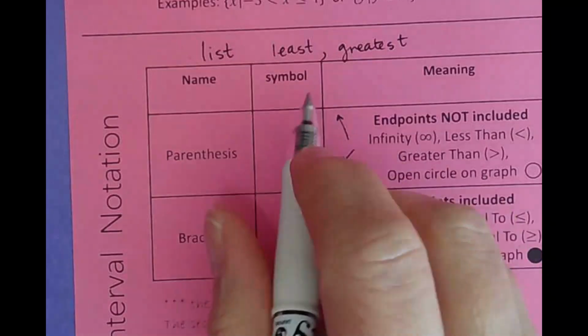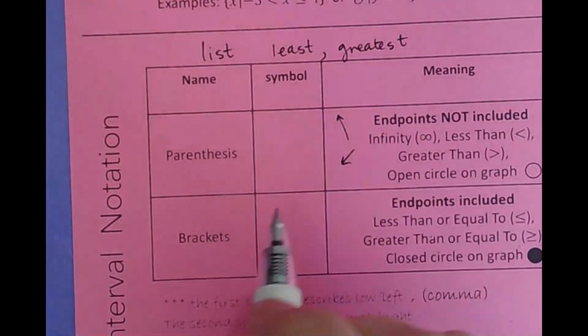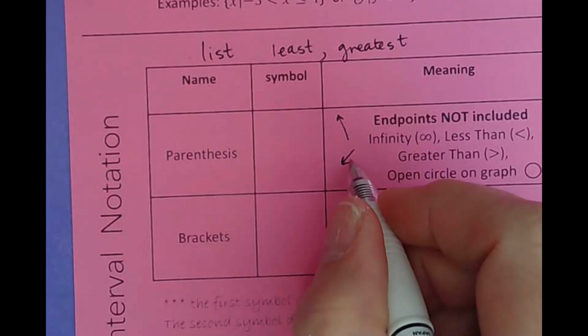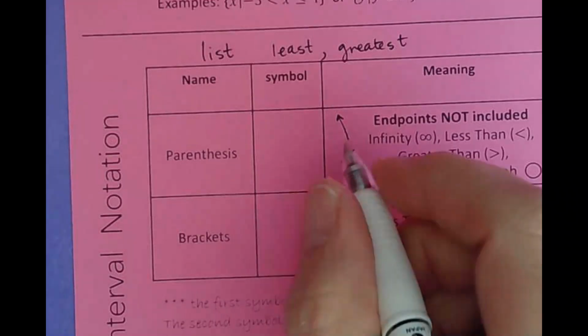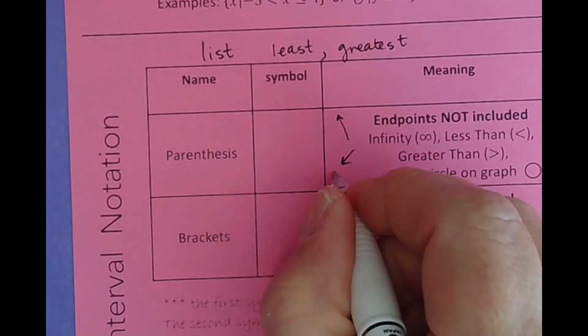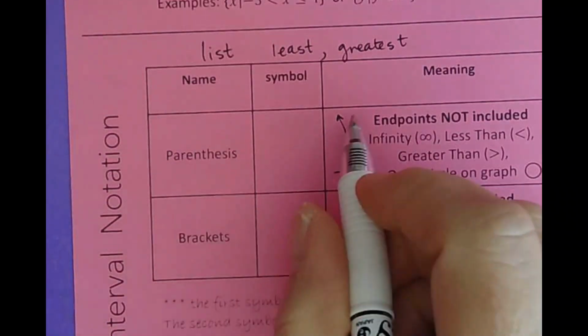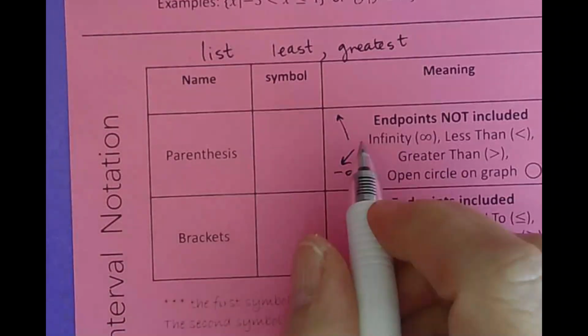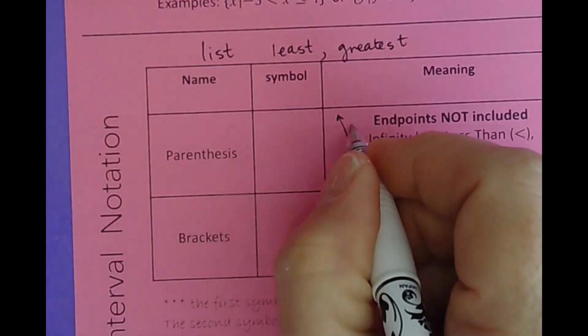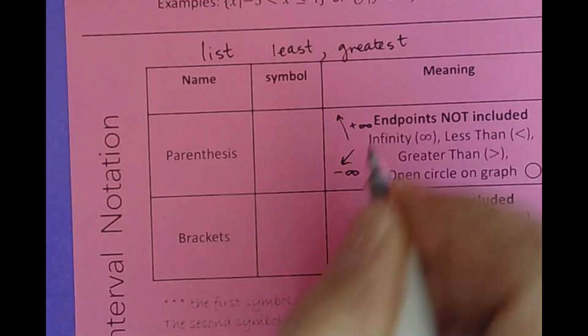So since we're going to write least to greatest, if it's going down or left, we consider that to be negative infinity. And if it's going up, or if it's going right, we consider that to be positive infinity.